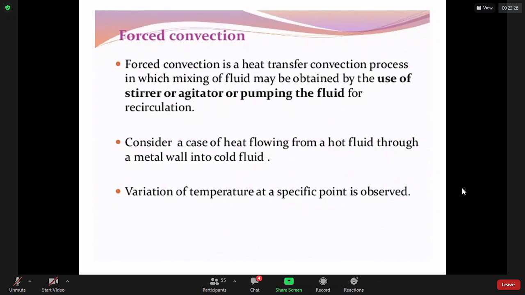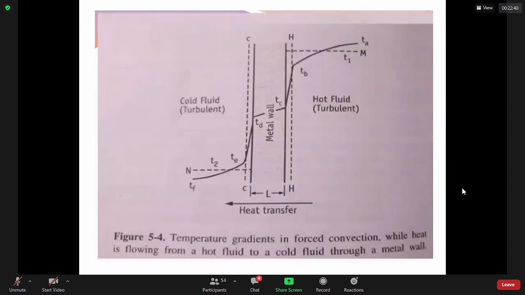Now, variation of temperature at specific points is observed. You can see that there are some variations. We have the hot fluid, which is moving turbulently. That means that along this wall, there is a stagnant film. This is the hot fluid. Now there is a temperature TA.